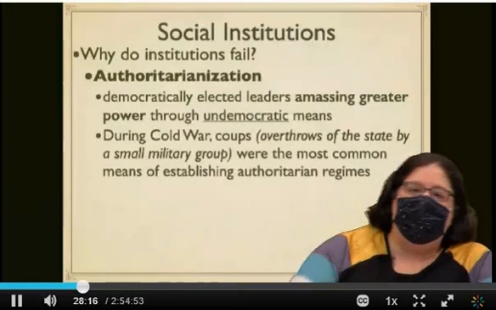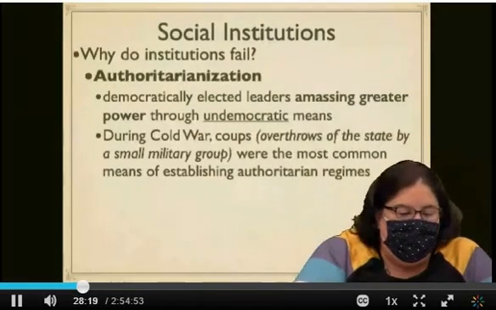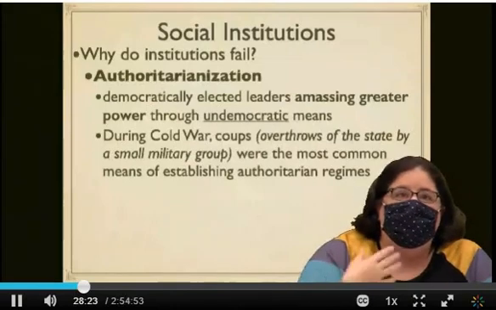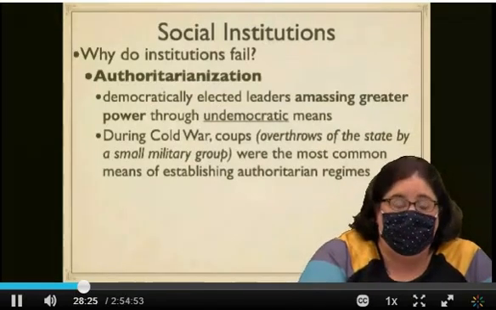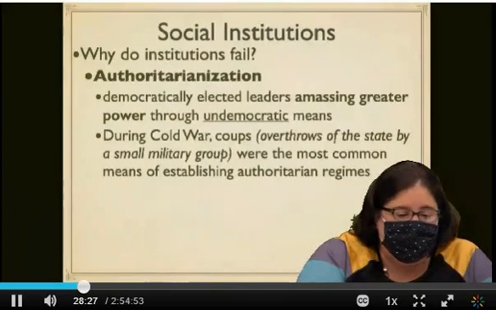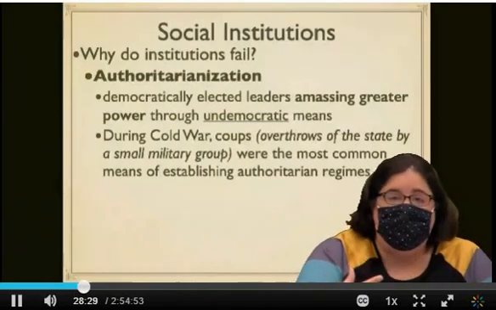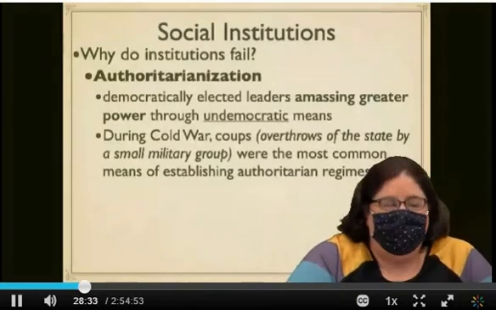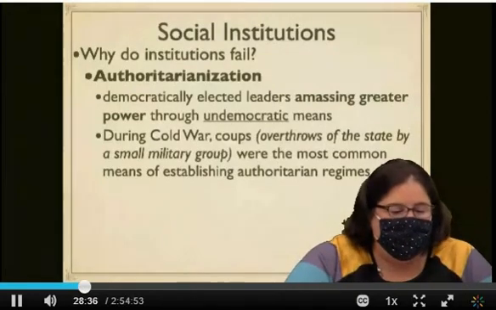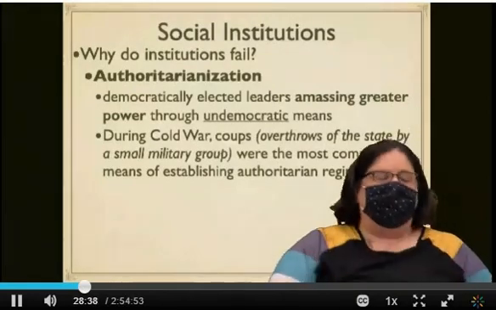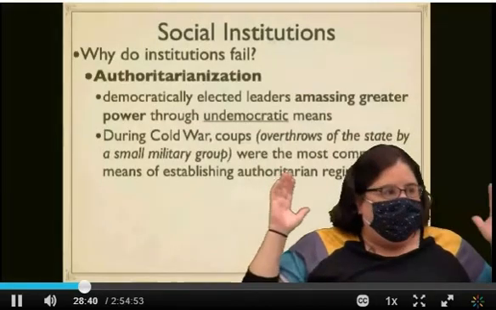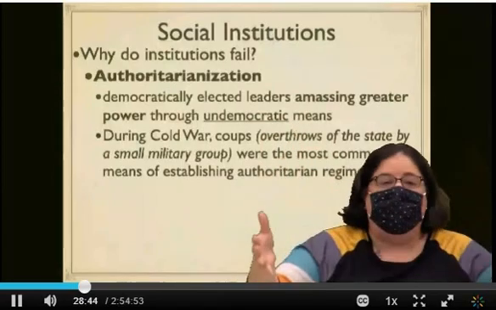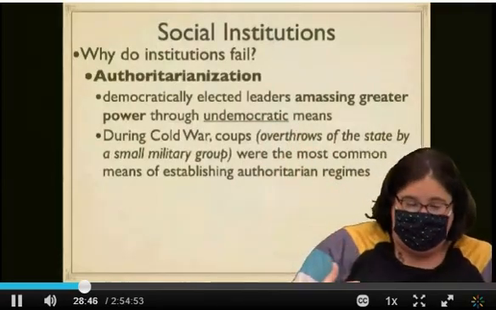So during the Cold War, a couple generations ago, coups were the most common way of establishing an authoritarian regime. A coup is an overthrow of the government by a military group or a paramilitary group. So in the old days, right, the most common type of authoritarianism came from this overt, often violent but not always, overthrow of a government from a military perspective.